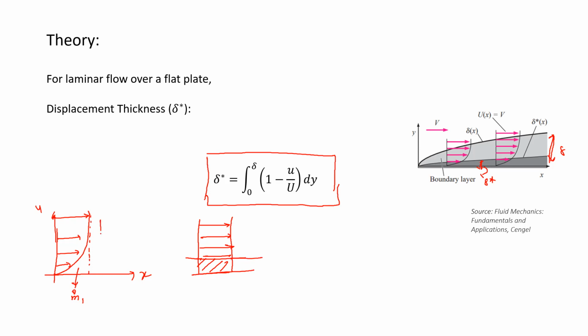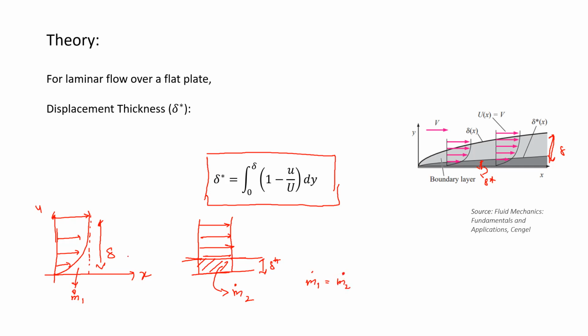This will be called your delta, and this, let's say, is m dot 2. So for delta star, m dot 1 has to be equal to m dot 2.